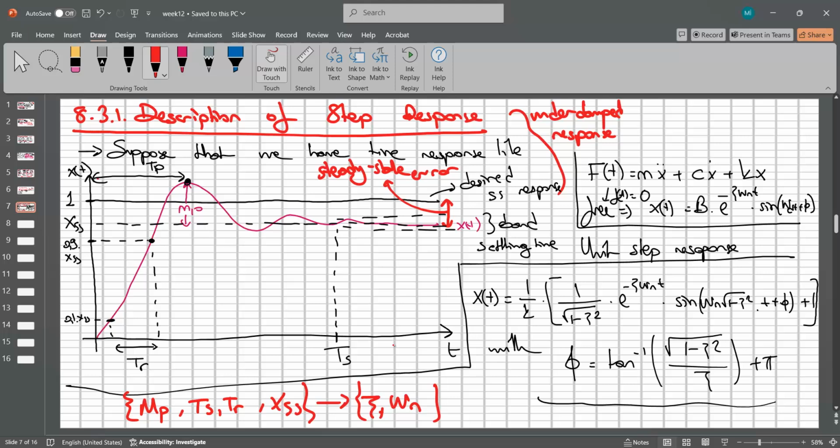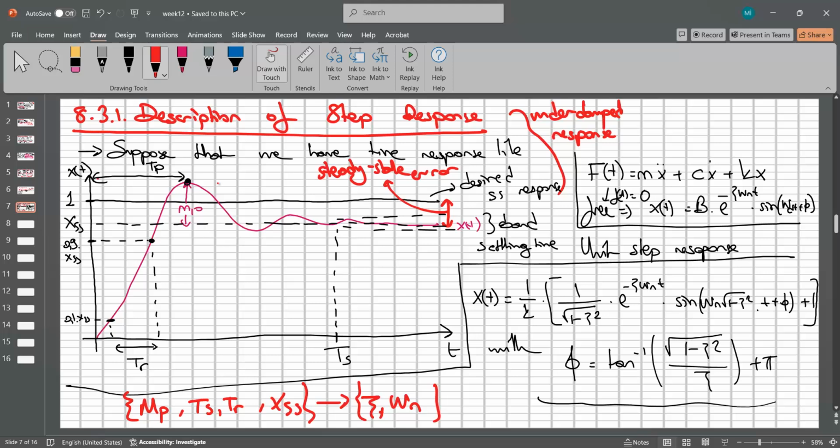And so we will have the specific zeta and wn value. But how can we calculate this zeta and wn from the maximum overshoot MP, settling time TS, TR, and XSS? Because if we have this graph, we also have the MP, TS, TR, and XSS, right? We can measure, we can see it.